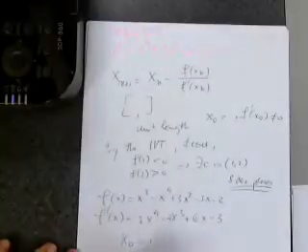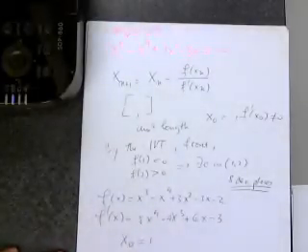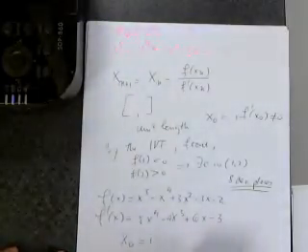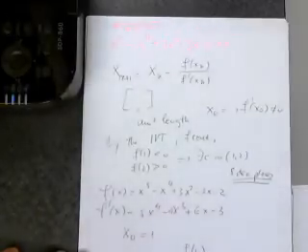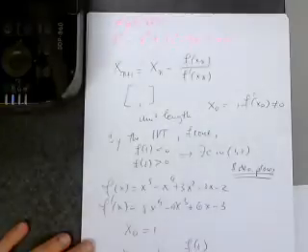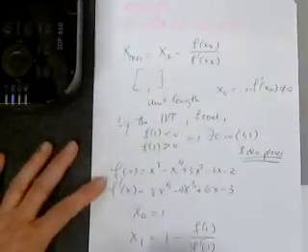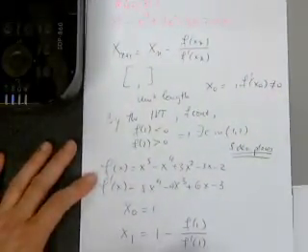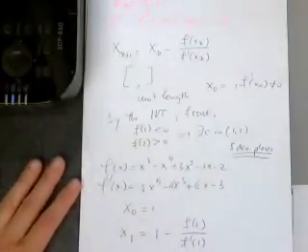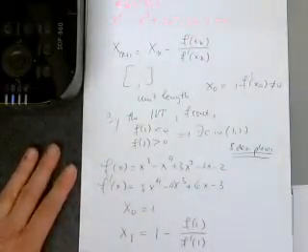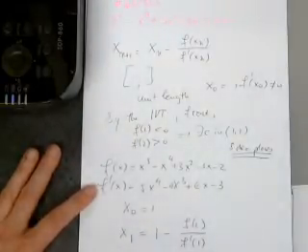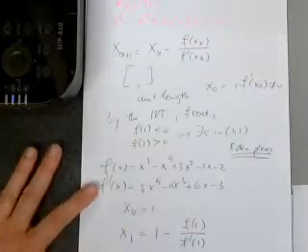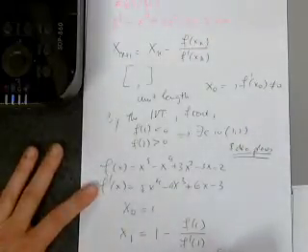How do I determine x1? 1 minus f of 1 over f prime of 1. But instead of doing this, what did we say? We created a function, let's say g of x. Which function did we create? g of x equals x minus f of x over f prime of x.